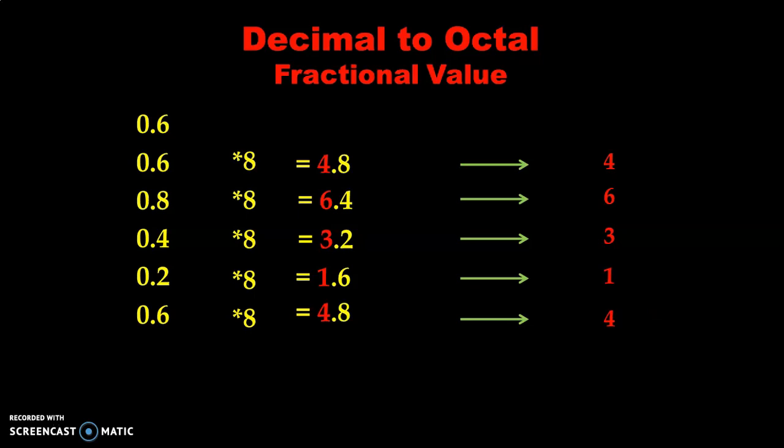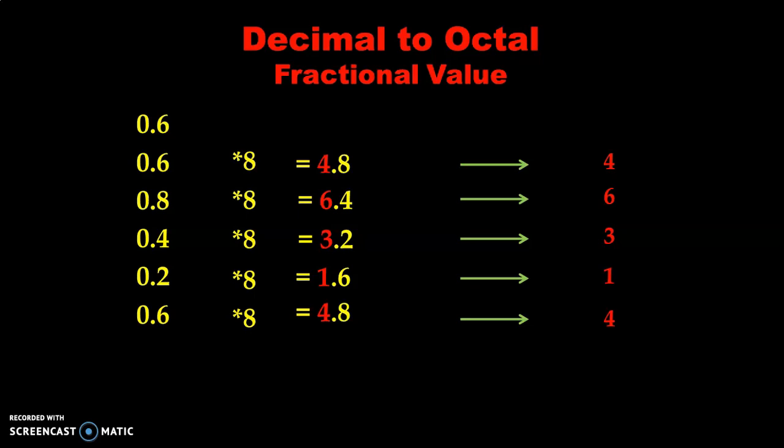Now here also, to terminate the process we have two conditions. Either the fractional value comes to 0, then we can terminate our process, or at most we can go up to 3, 4 or at the most 5 multiplications, and then we can terminate our process, right? So we have done 5 multiplications.